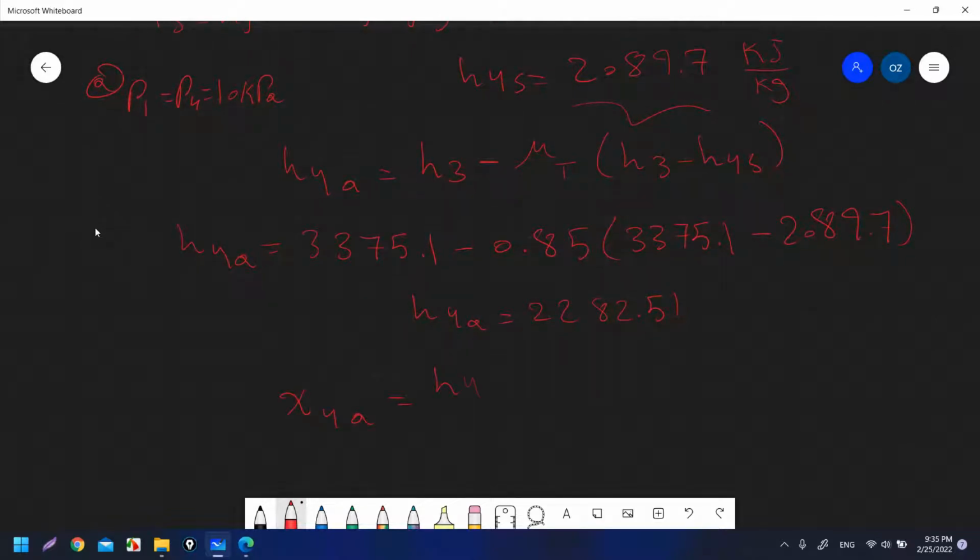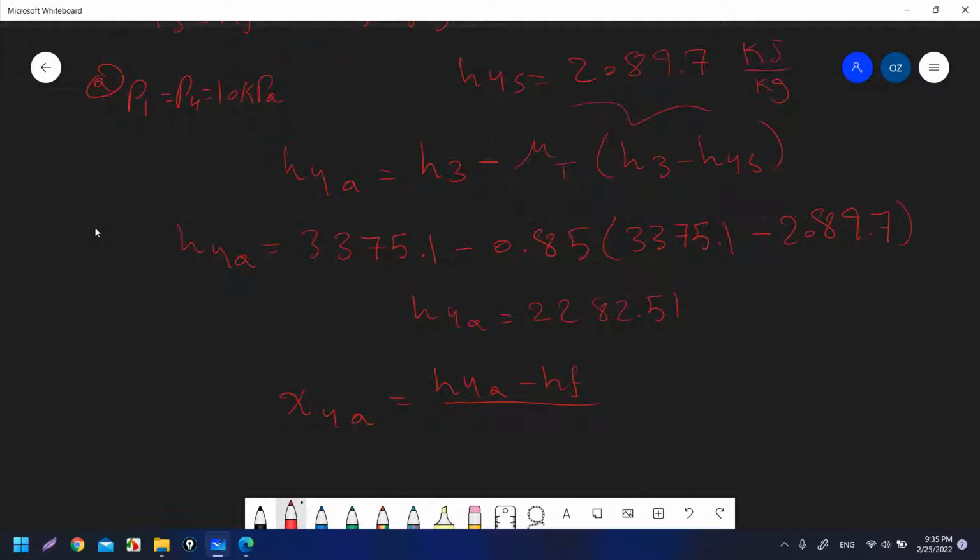X4A is equal to H4A minus HF over HFG. I use enthalpies because I cannot find other properties for the actual state 4 except the enthalpy. We have a relation between the actual and ideal enthalpies using the isentropic efficiency for the turbine and also for the pump.